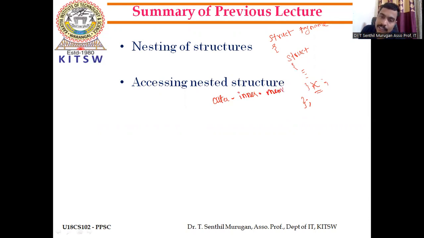Like that we can access nested structures. We also discussed example programs in the previous lecture. So I hope you understand the structure concept for writing C programs.